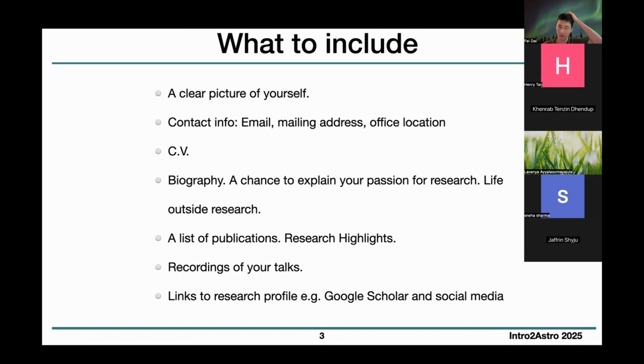Any recordings of your talks, it'd be nice to showcase your ability to do public talks. And you can further link your research profiles, for example Google Scholar or ResearchGate.